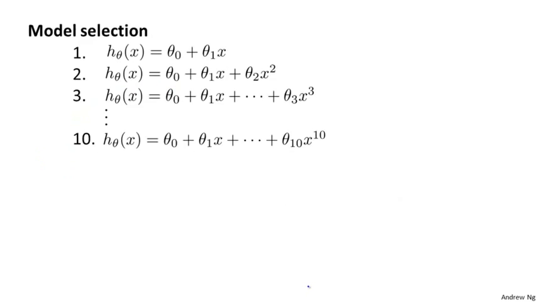Now let's consider the model selection problem. Let's say you're trying to choose what degree polynomial to fit to data. So you choose a linear function, a quadratic function, a cubic function, all the way up to a 10th order polynomial. So it's as if there's one extra parameter in this algorithm, which I'm going to denote D, which is what degree of polynomial you want to pick.